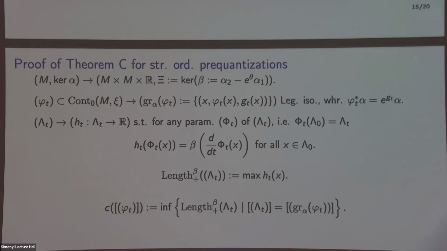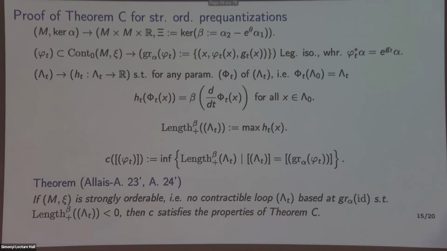And then C of a contact isotopy, so the homotopy class of a contact isotopy, will be the smallest length of all Legendrian isotopies that are Legendrian isotopic to this isotopy of graphs. So this number could be minus infinity. And the theorem is the following.